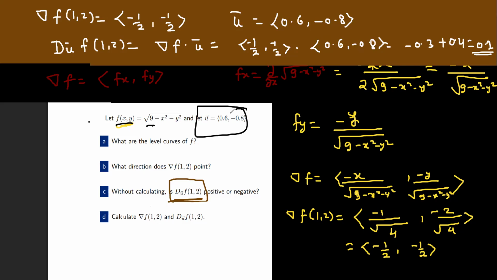That is called the directional derivative of f in the direction of u. This is not normal displacement. You can say it is the distance between the normal vector of f and the other vector u.